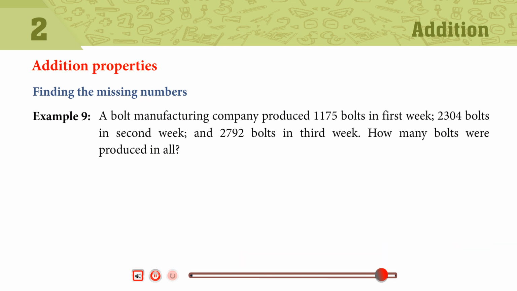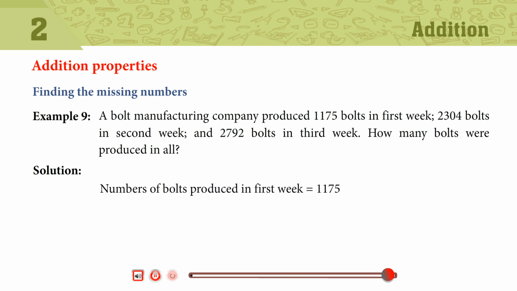Example 9. A bolt manufacturing company produced 1,175 bolts in first week, 2,304 bolts in second week, and 2,792 bolts in third week. How many bolts were produced in all? Solution. Number of bolts produced in first week is equal to 1,175. Number of bolts produced in second week is equal to 2,304.